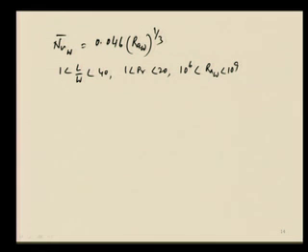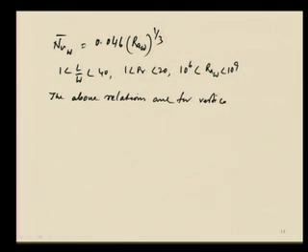This relationship is used. So, these relationships whatever we have discussed, these are free convection heat transfer in a vertical rectangular cavity. So, the above relations are for vertical rectangular cavity or enclosure, whatever you can say.